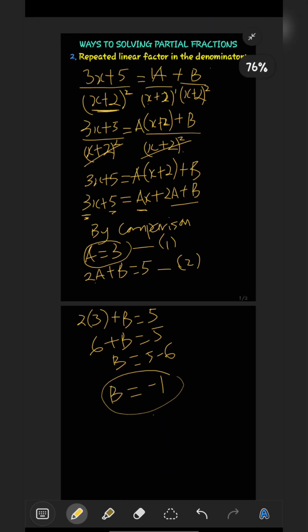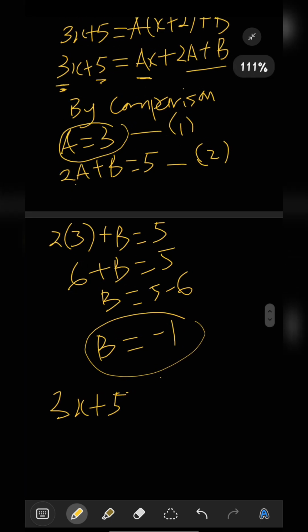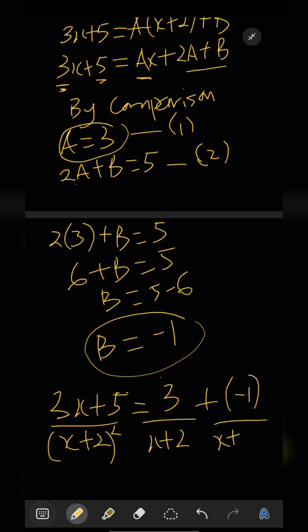So we have 3x plus 5 all over x plus 2 all squared is equal to, a is 3, so we have 3 all over x plus 2, plus b is minus 1, so minus 1 all over x plus 2 all squared.